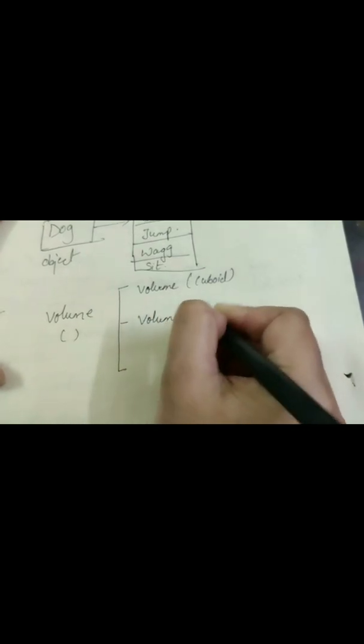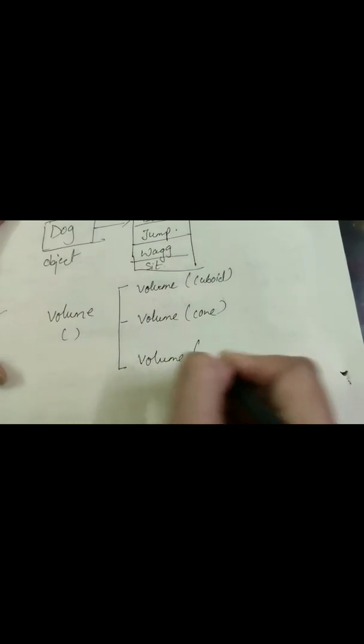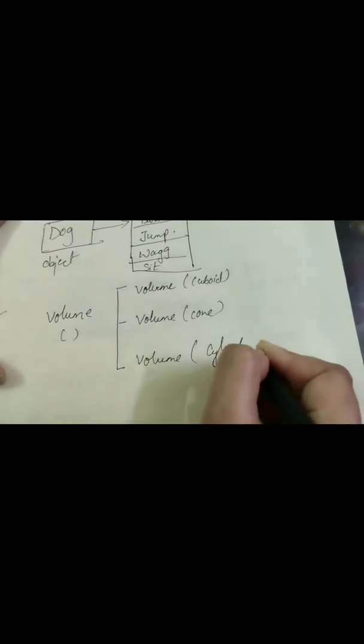Let's see with an example. Your method is volume. Now we can calculate volume as volume cuboid, volume cone, volume cylinder.